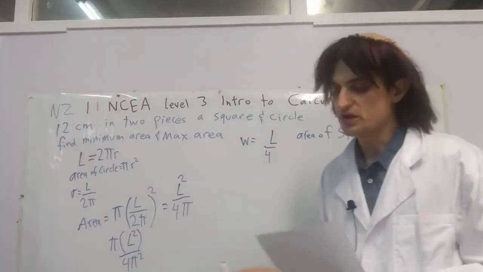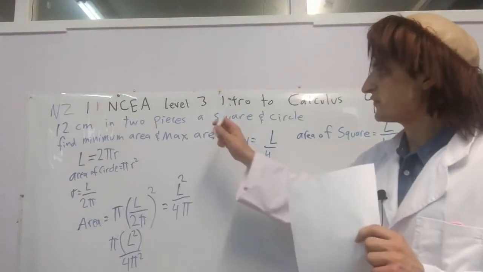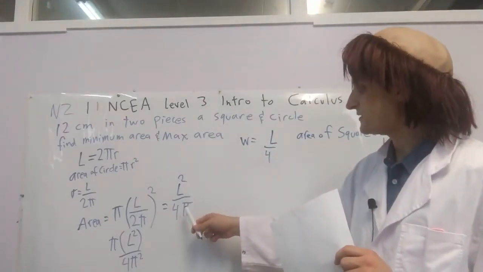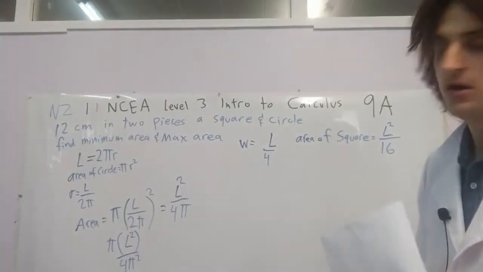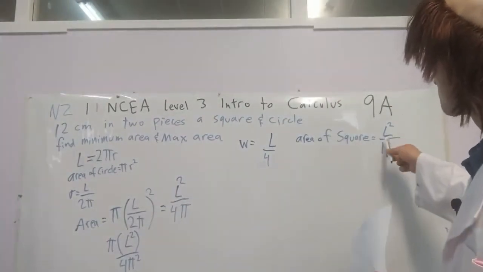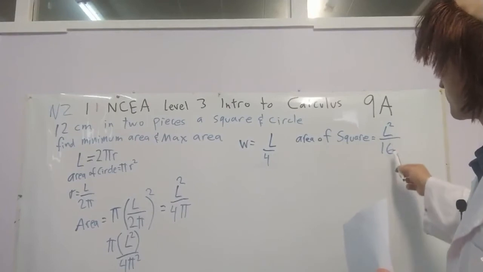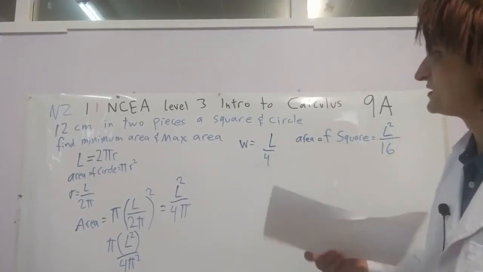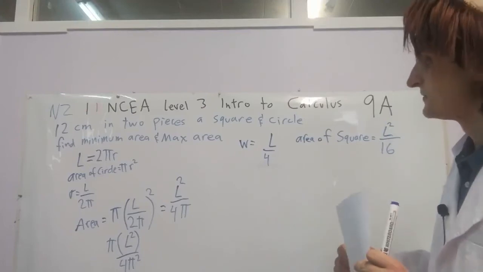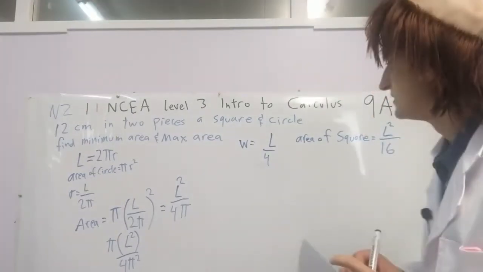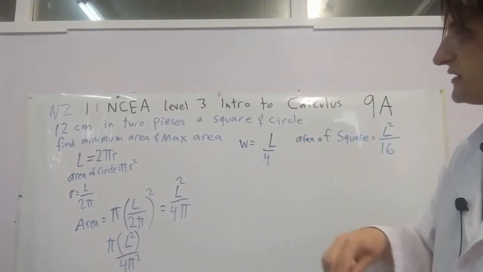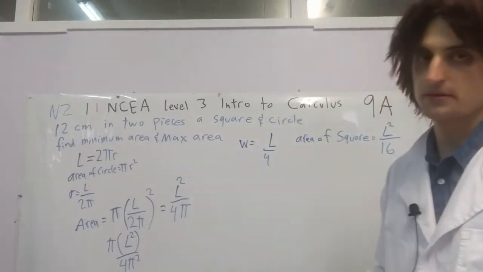So here we have 2 equations. Whatever we assign to the circle, our area is L squared divided by 4 pi. Whatever we assign to the square, it's L squared over 16. Now, if we want to maximize the area, it would make sense that we would assign all of our length to the circle.